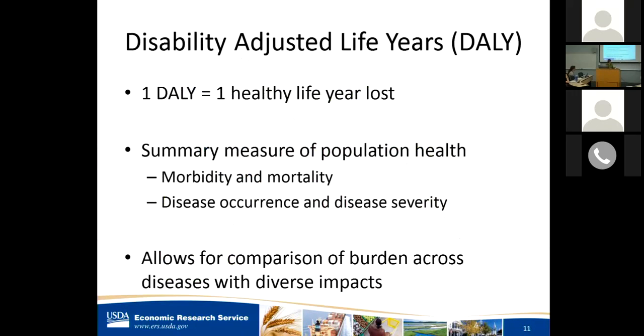So just because I don't know if everyone is familiar with DALYs, let me just go through that. The basic problem is if we're going to try to understand comprehensively what the total burden is, or to compare burden across diseases that have very different outcomes, we need some kind of a metric that is comparable across those.